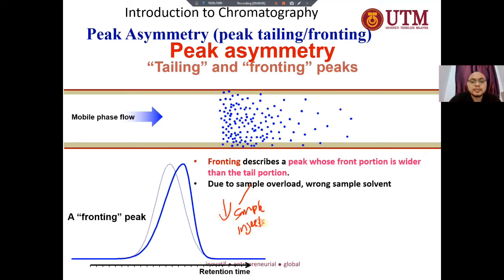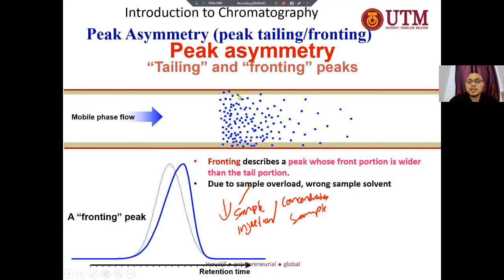It means that your analyte is too concentrated, so it cannot move as an optimum peak. In my practice, if I have a fronting peak, the first thing I do is try to reduce the sample injection, or I reduce the concentration.